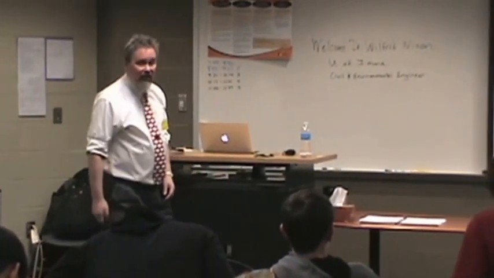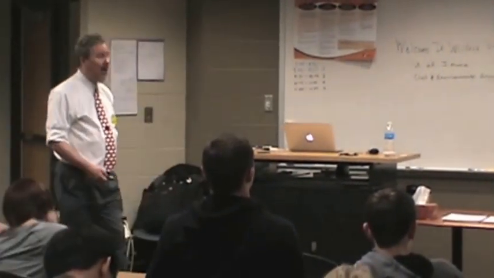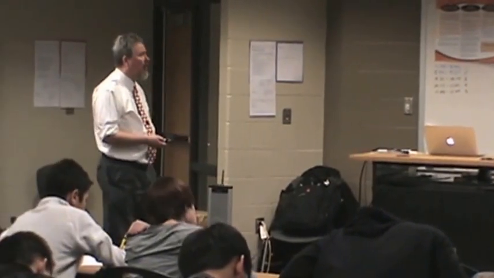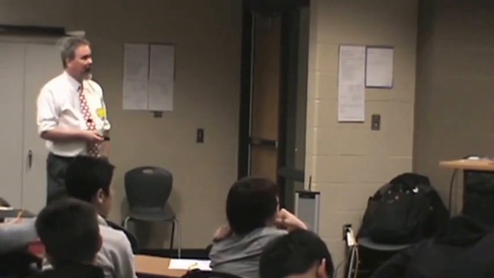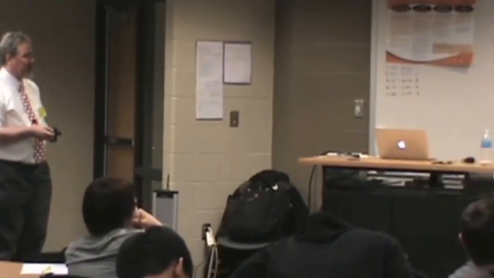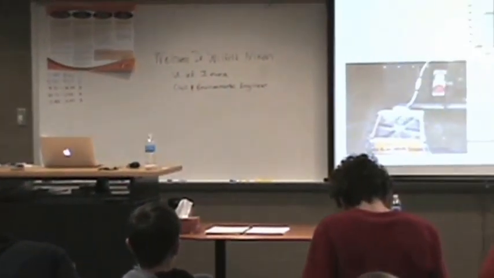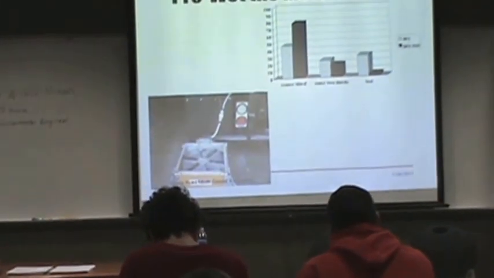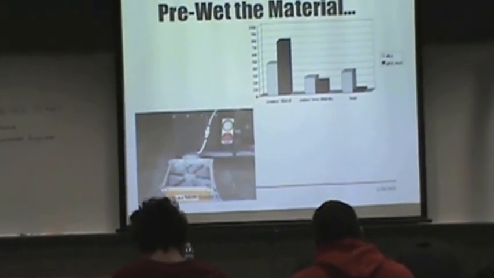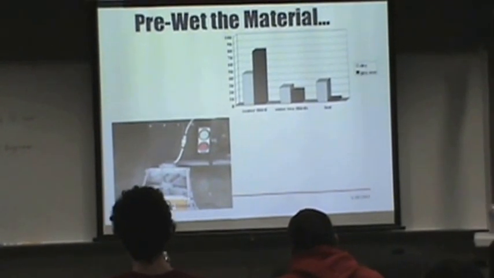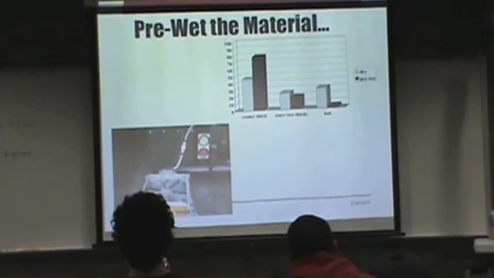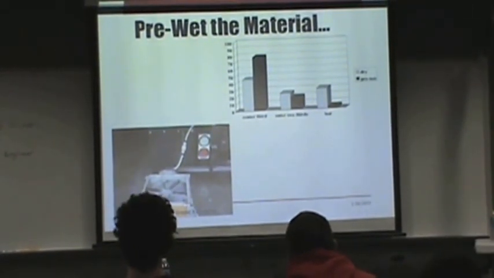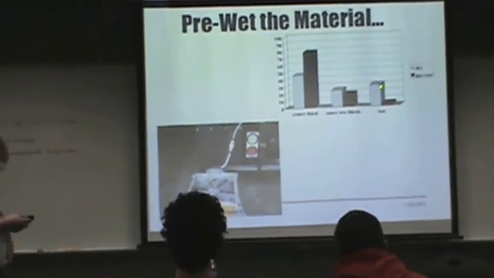Now that requires certain special equipment. Not every agency has it, but something agencies can do more cheaply than that is to pre-wet the material. The salt, when it leaves the truck, falls onto a spinner and gets spread on the road. You can mix in brine with that at about 8 gallons of brine per ton of material. And that pre-wets it, so you get certain benefits.